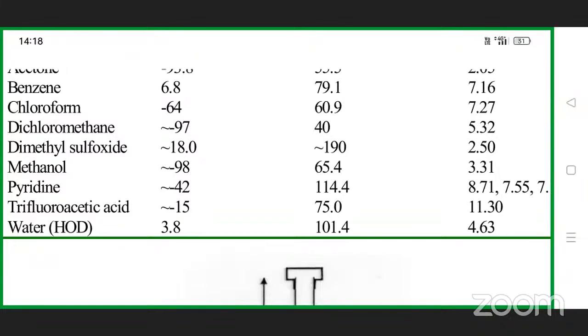These are the probable positions of solvent peaks in the NMR spectra, and water appears at 4.63 here. For example, if your compound is not dry, or if any moisture is present in the compound, then the water also gives a signal at 4.63.